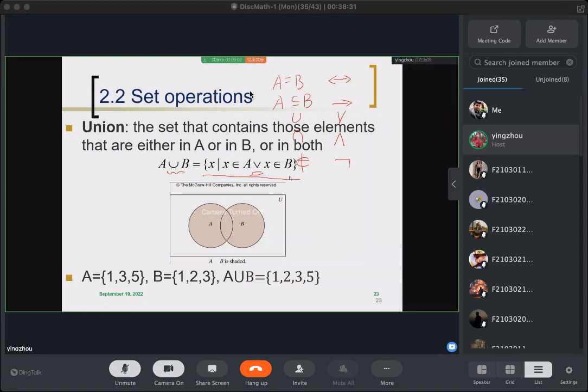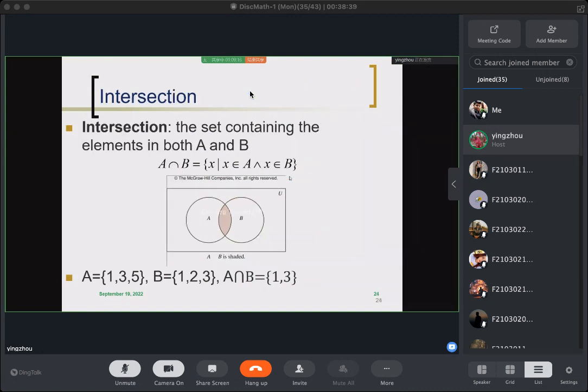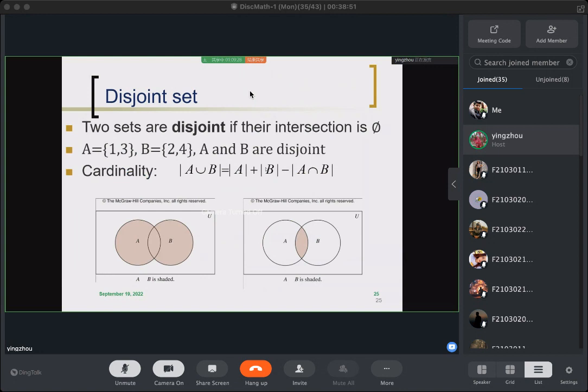So the set operator can sometimes map one-to-one to the logical operator. For the intersection, we use the logical and to describe it.